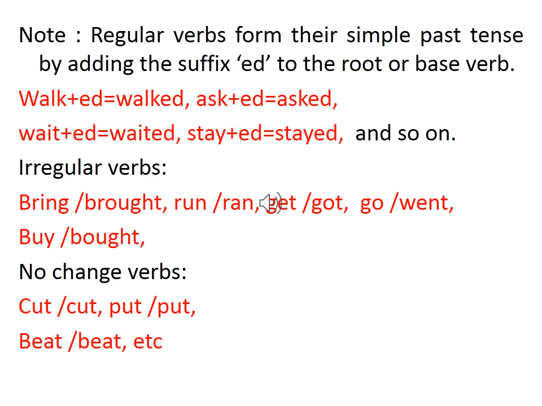When we come to the irregular verbs, we can see that there is a lot of difference. Bring becomes brought, run becomes ran, get changes into got, go becomes went, and buy becomes bought. However, there is no change in certain verbs such as cut, put, beat, etc.